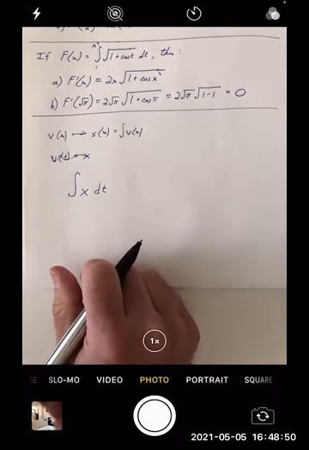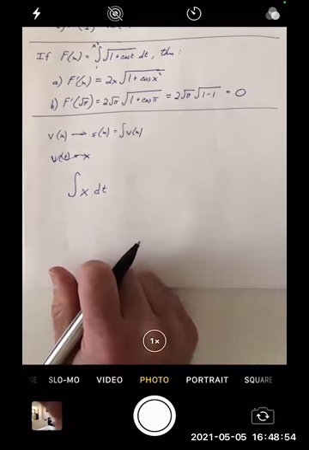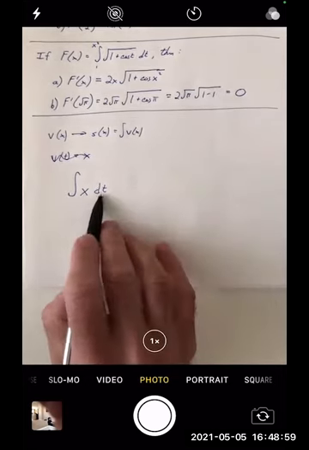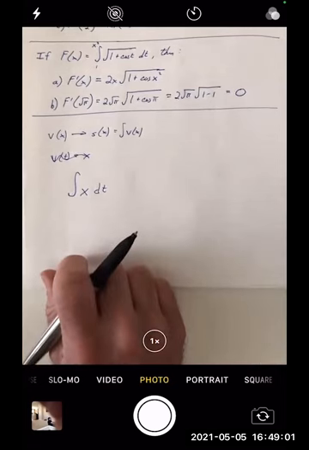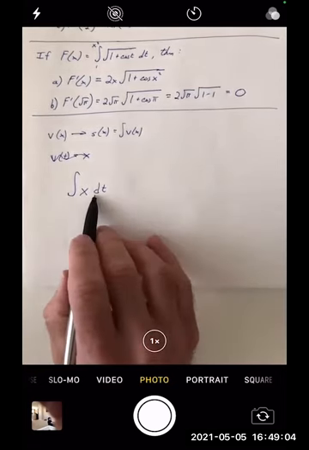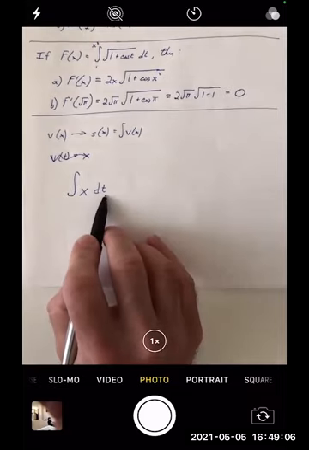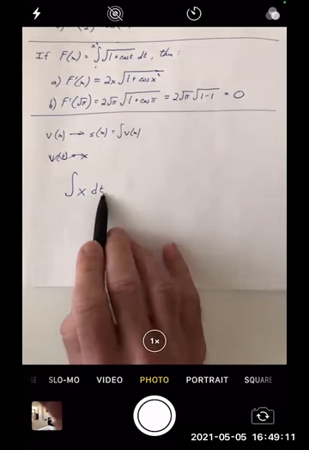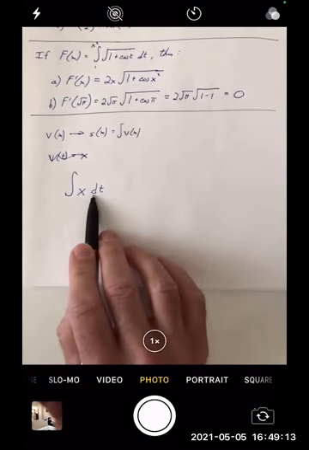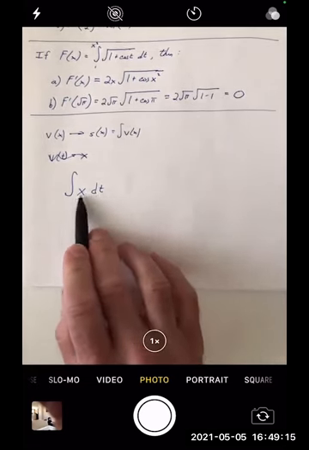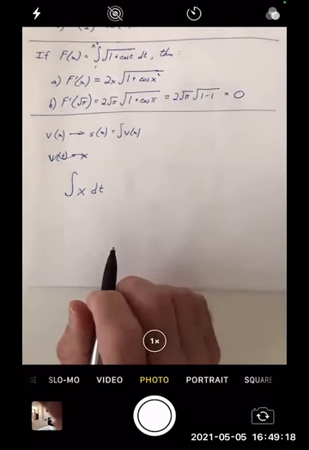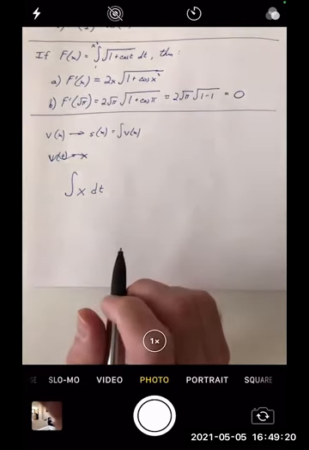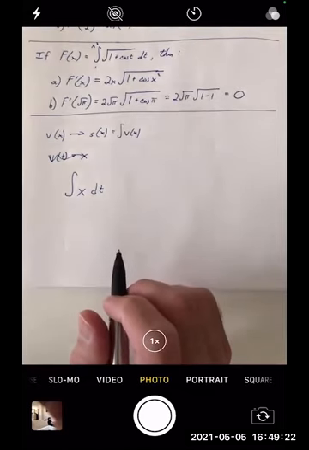It's d what? It's the derivative. And what letter comes after the letter D? T. That's the variable. Any other letter would be considered a constant.